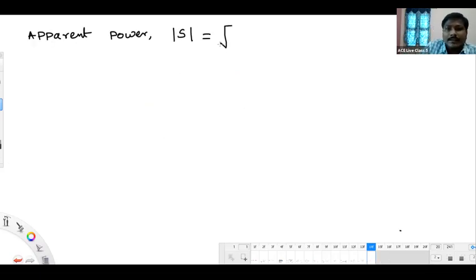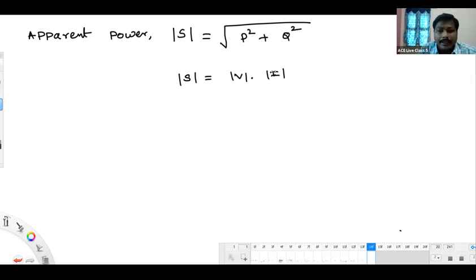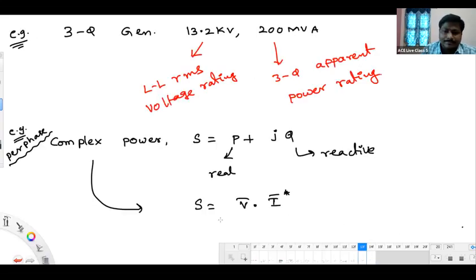Else you can write this in terms of voltage and current as mod V into mod I. S equals mod V into mod I. Good. This is the small difference you have to identify between apparent power and complex power. I will discuss how V I conjugate comes later.